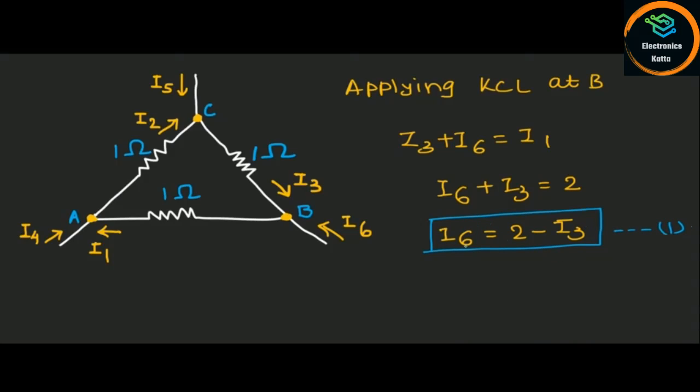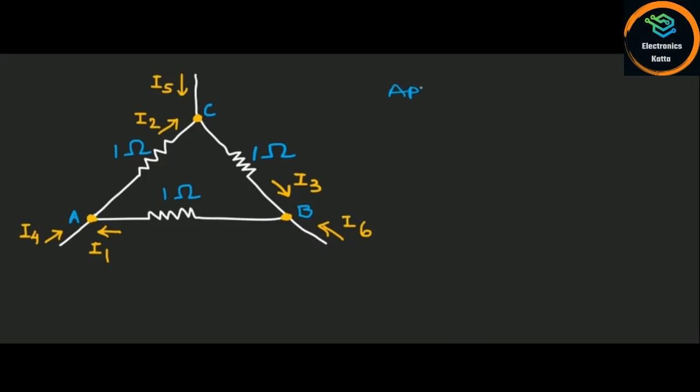Now here, current I3 is still not known. So to find this current I3, we need to apply KCL at node C. By applying KCL at node C, we will get I2 plus I5 is equal to I3.